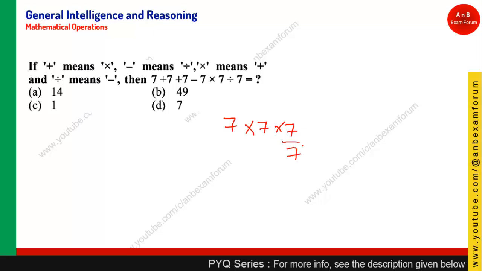Okay, so division by 7 multiplied by 7, then multiplication means plus. Okay, so plus 7, after that division means minus, minus 7. Okay, so let's solve it. So it is removed. 7 7s are 49 plus 7 minus 7, the answer is 49. Okay, so option B is the right answer.